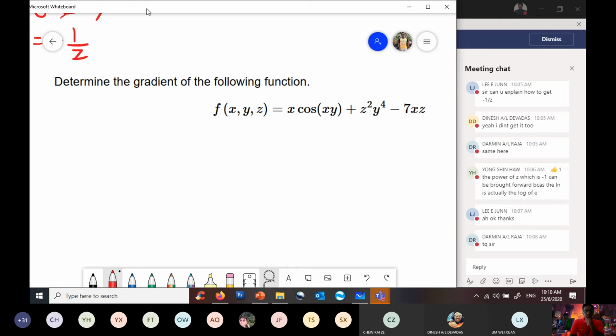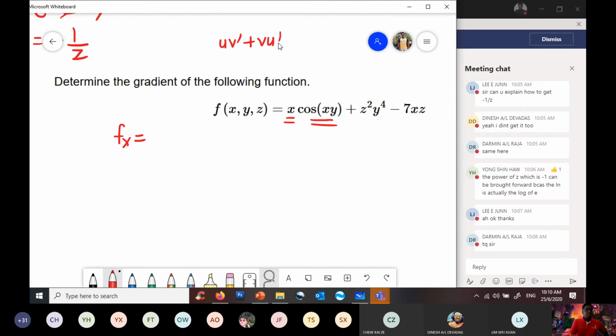Now, you just notice even the fx is already slightly more complicated than the previous one, isn't it? Because you have an x here and you have an x inside the cos as well. So don't forget, whenever you have two x side by side, you must use product rule. Product rule is u v prime plus v u prime.